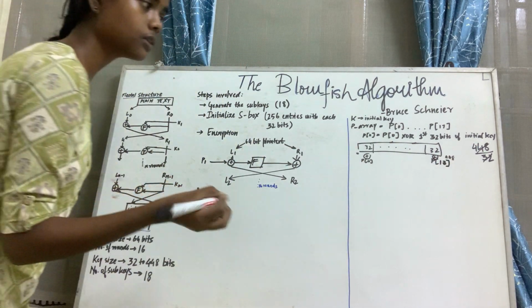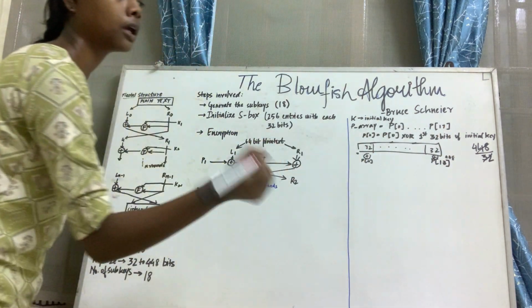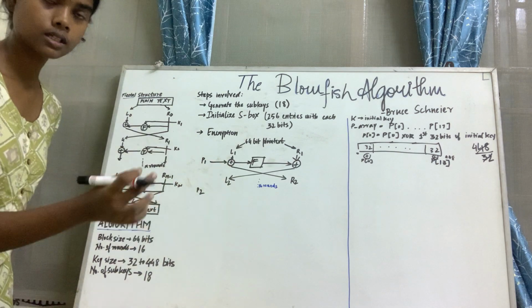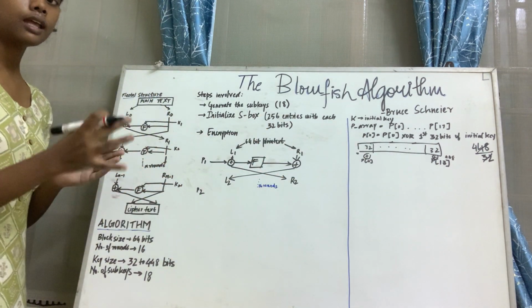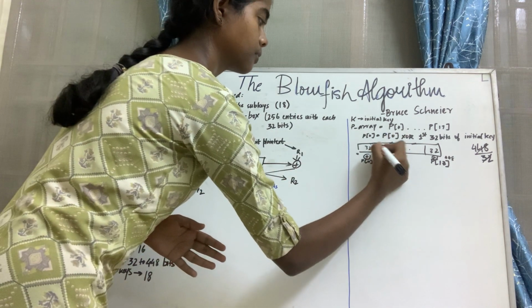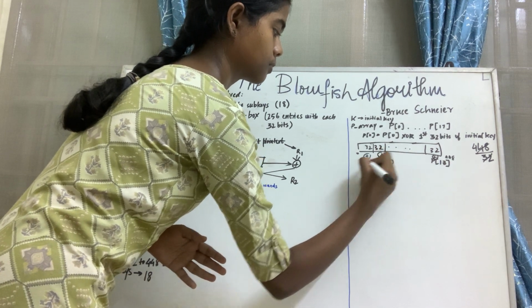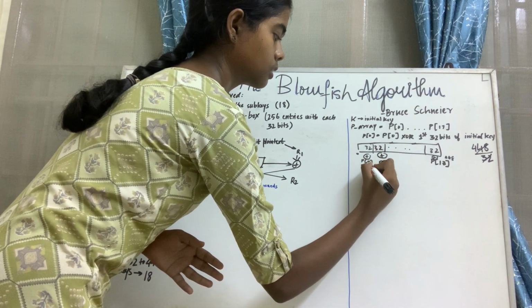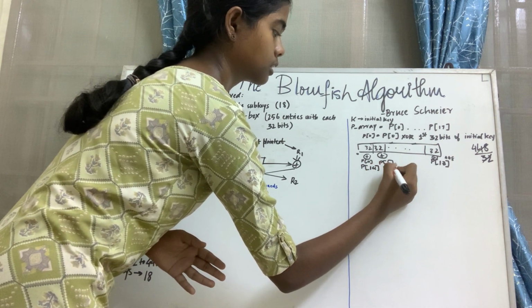Now for P of 14 we will be performing XOR with the first 32 bits, and then the next 32 bits with P of 15.